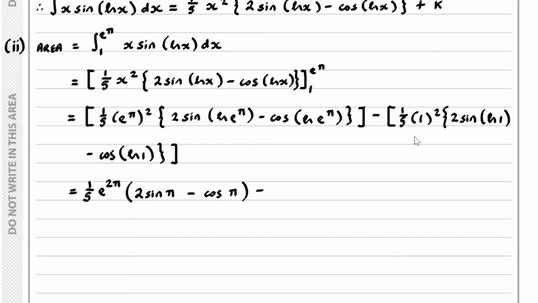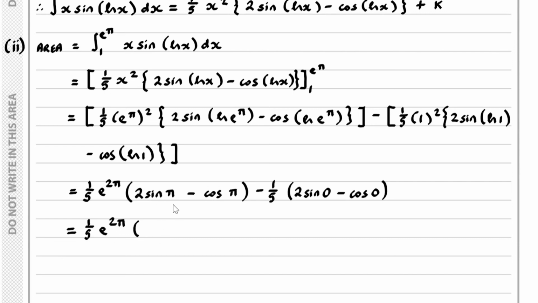Rather, here I've got 1/5 times by 1, so that's just 1/5. And then I've got here 2 times by the sine of 0 minus the cosine of 0. So I've got 1/5 e to the 2 pi.